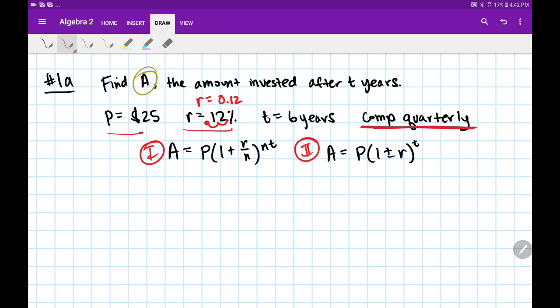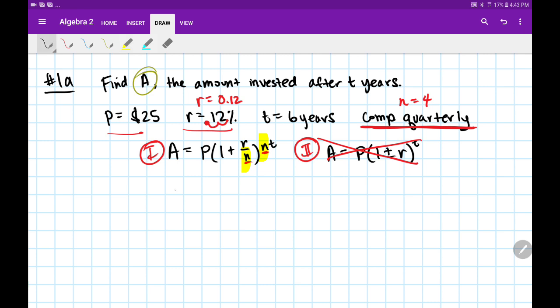Since we're compounding quarterly and not annually, we will not be using Formula 2. We're going to be plugging in n equals 4 times per year. Remember, how many times you compound per year is represented as n. Since we're compounding quarterly, that's 4 times per year. So that's what I'm going to plug in here and here.